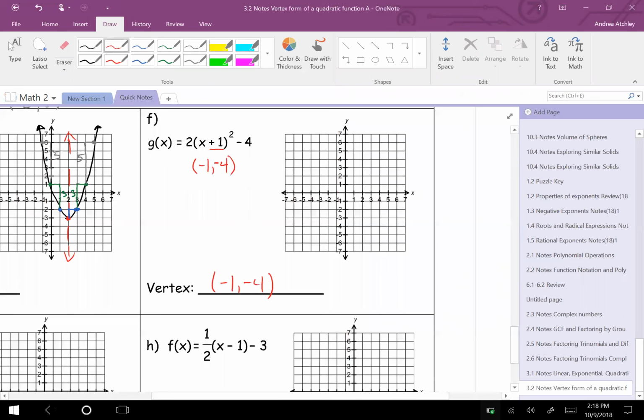So I'm going to go where x is -1 and y is -4. Okay, Nixie, what is the a value? A value is 2. My axis of symmetry is going to be x equals -1. So I'm going to draw the axis of symmetry down the middle.